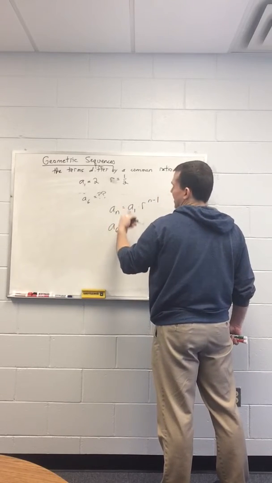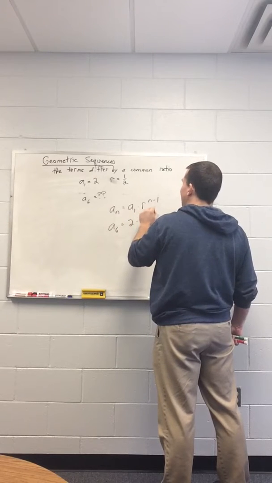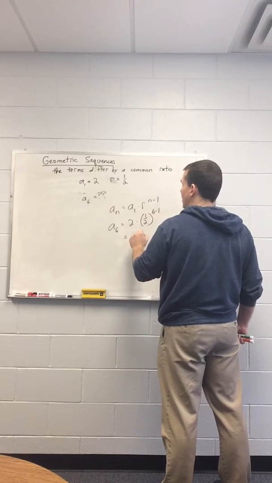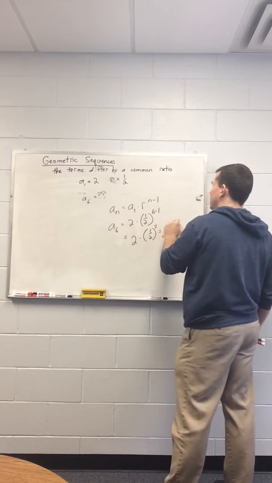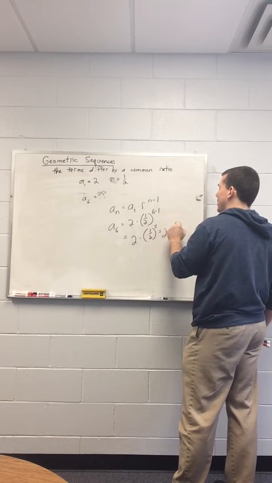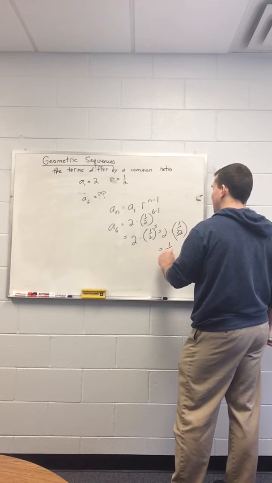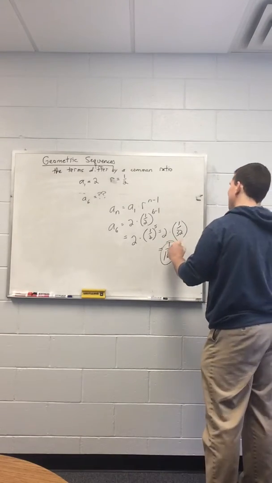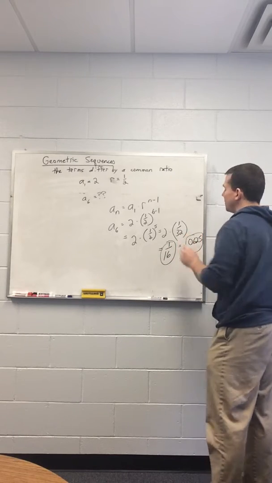So a sub 6 equals 2 times the ratio 1/2 to the 6 minus 1, which is 2 times 1/2 to the 5th. 1/2 to the 5th is 1/32, which means this is 2 over 32, which is 1 over 16. You can write 1 over 16, or it's 0.0625 if you want to write the decimal.